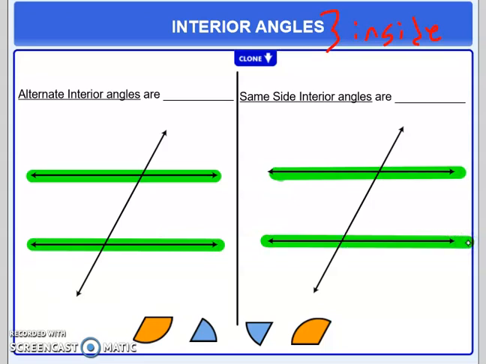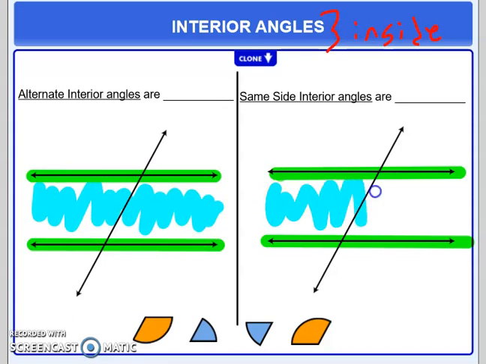Well, if we're talking about interior angles or the inside angles, well, the interior is going to be this whole section in here. This is the interior of it. Let me just highlight that real quick. So that's the interior.